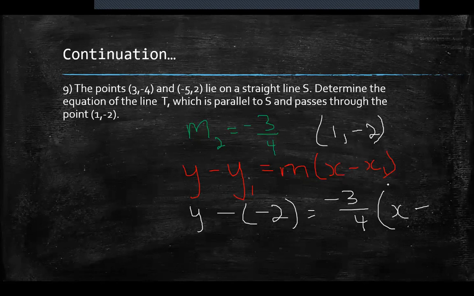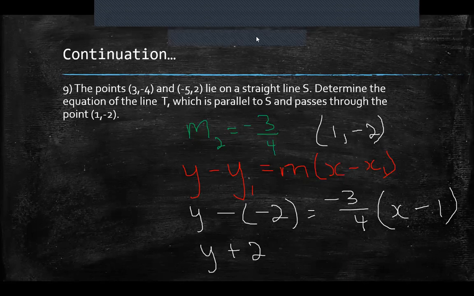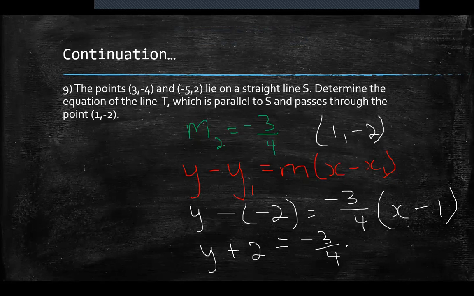Put back x minus x1, and x1 is 1. So y plus 2 is equal to -3/4 times x minus 1. -3/4 times -1, a minus and a minus is a plus. So that's plus 3/4. Hold on, not 1/4, 3/4.